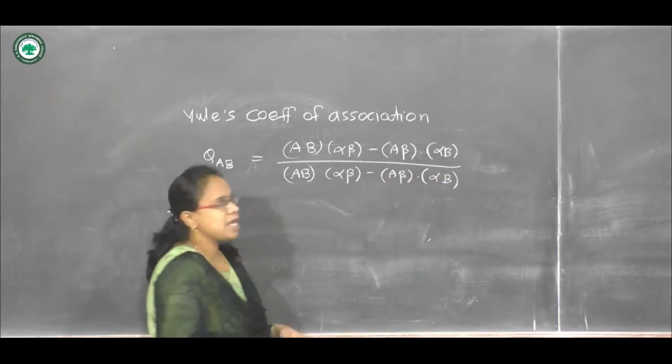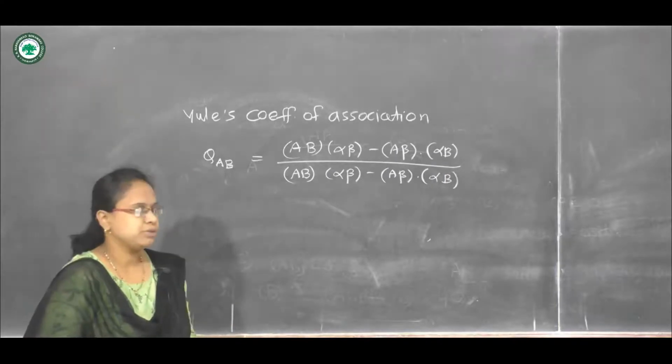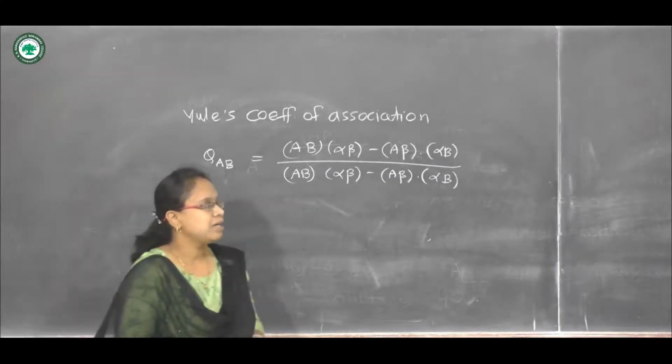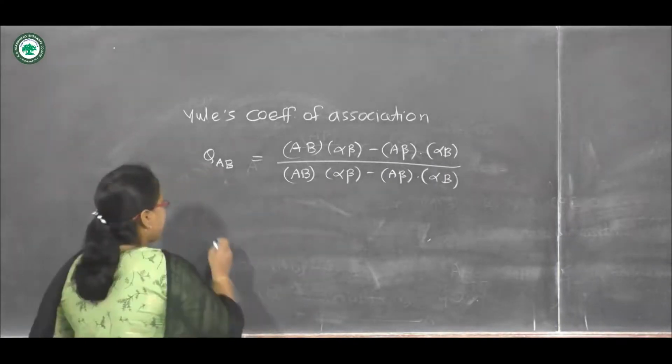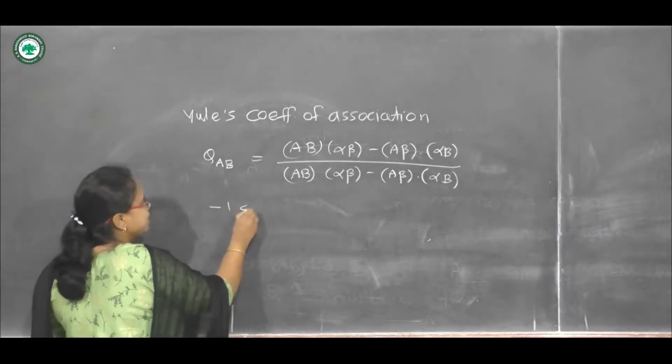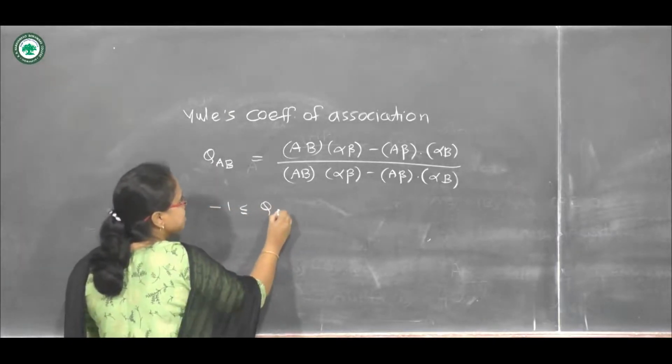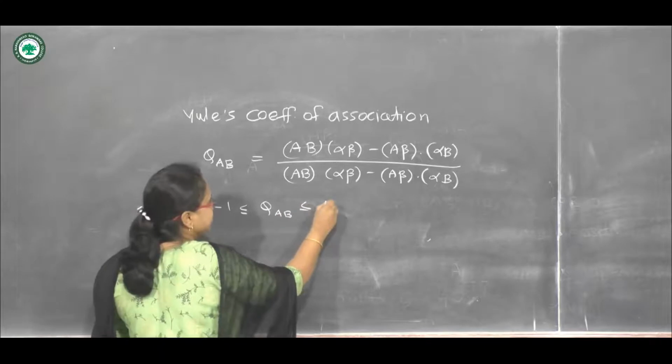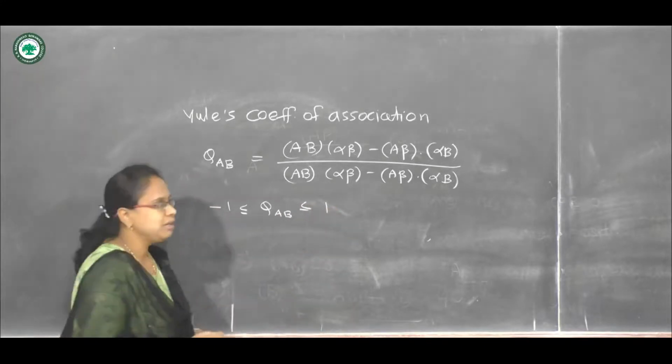So this is known as Yule's coefficient of association. Further, there is one result that this Q_AB always lies between -1 and 1. So let us prove this result.